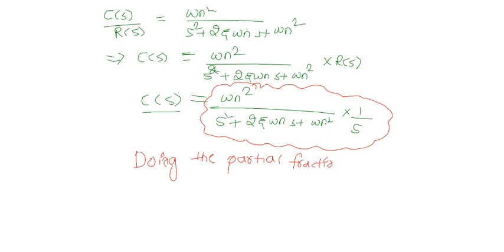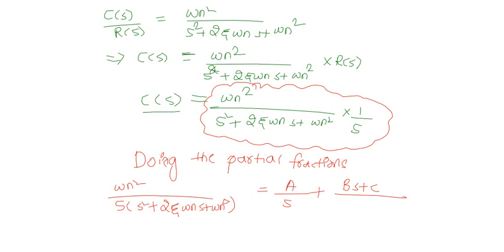Whenever we do the partial fractions of that equation, it becomes omega n square by s into s square plus 2 zeta omega ns plus omega n square, equal to A by s plus BS plus C by s square plus 2 zeta omega ns plus omega n square.